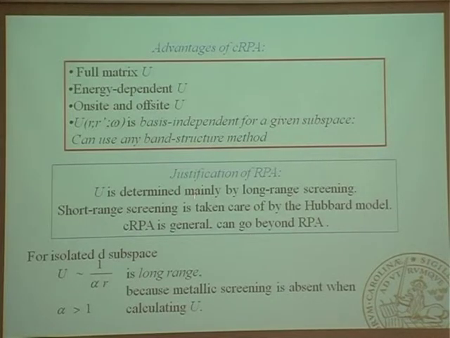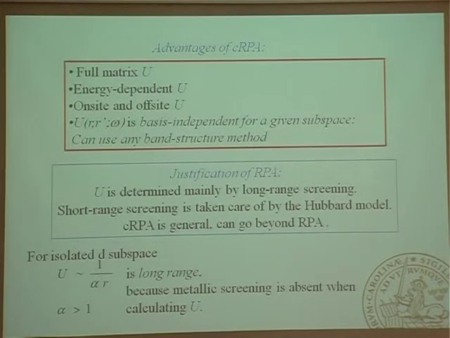So one might argue that RPA may not be good enough to describe the screening effect when calculating the U. Of course, RPA is not exact, but we notice that when we calculate the U, what we use is not the full P, but only the difference between the P and the PD, where the PD is the polarization of the model.